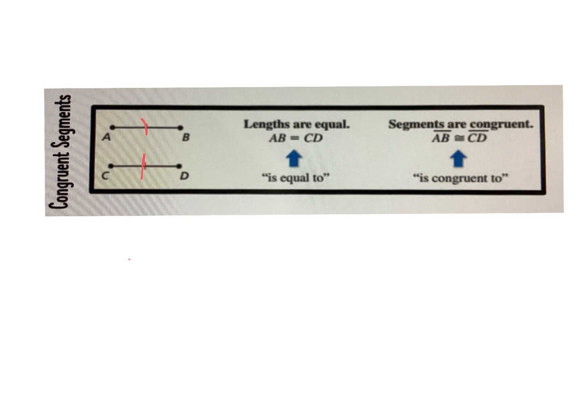Segments are congruent when their lengths are equal. So if you have the number 5 for the top one, 5 has to equal CD also, so that means this is 5. If the segments are congruent, you're just comparing the two. There's a big difference between an equal sign and a congruent sign.